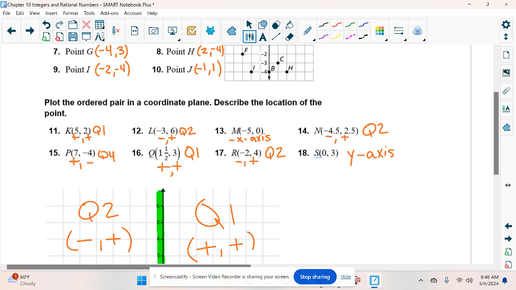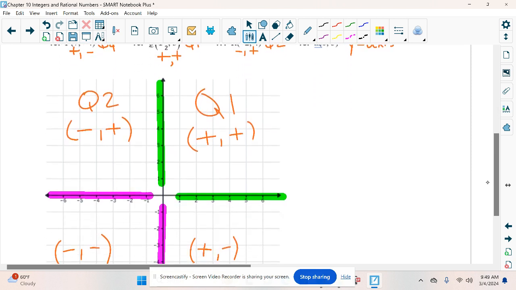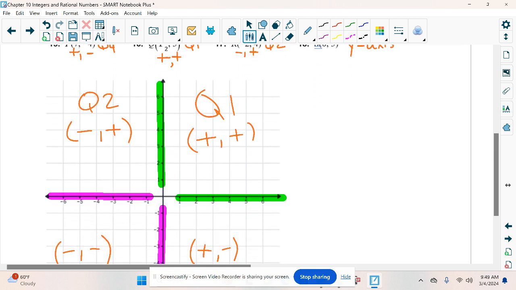Okay. Quick question. What does 0.5 mean? Like here I have 2.5. It's like half. So it's going to be in the middle, between 2 and 3. So if I wanted to graph negative 4.5 and 2.5, I would come over to negative 4 and negative 5, and halfway between that would be the half mark.